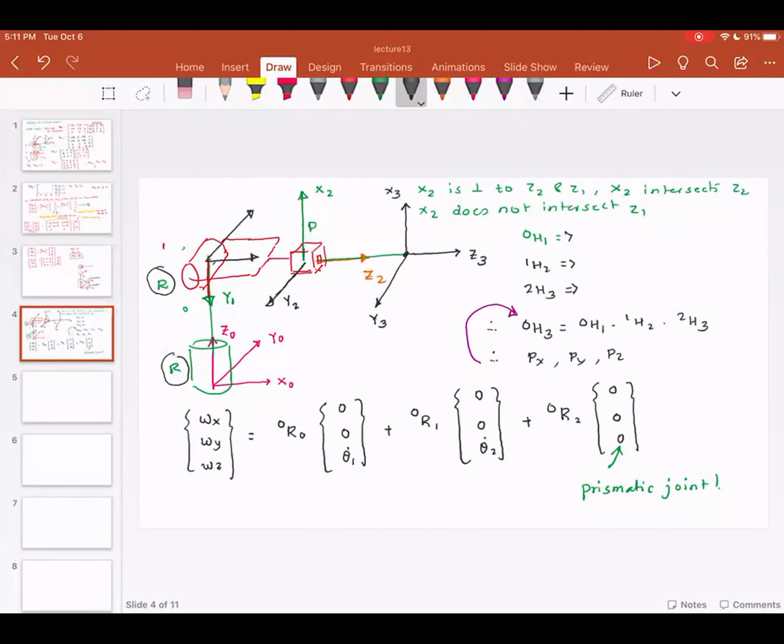So x1 was in this direction, and sorry, this is c1 was in this direction, z1 was in this direction, and x1 was in this direction. So make this correction in this z1 and x1.